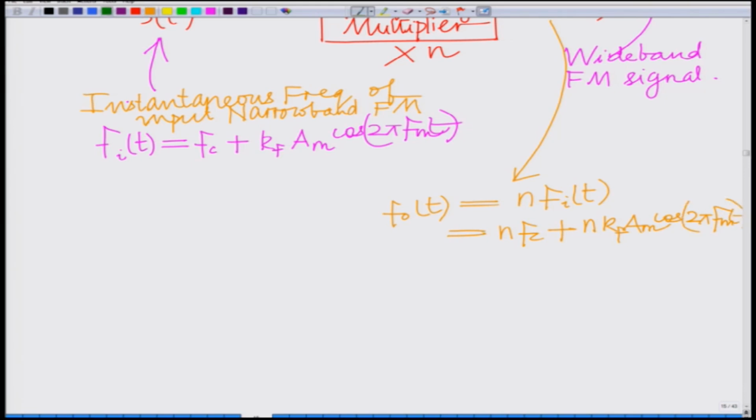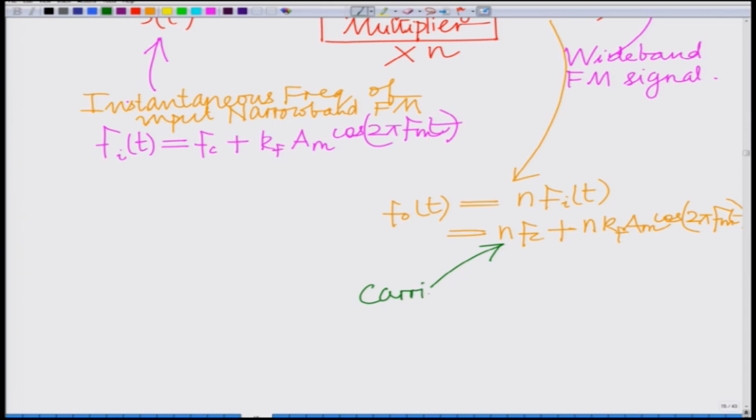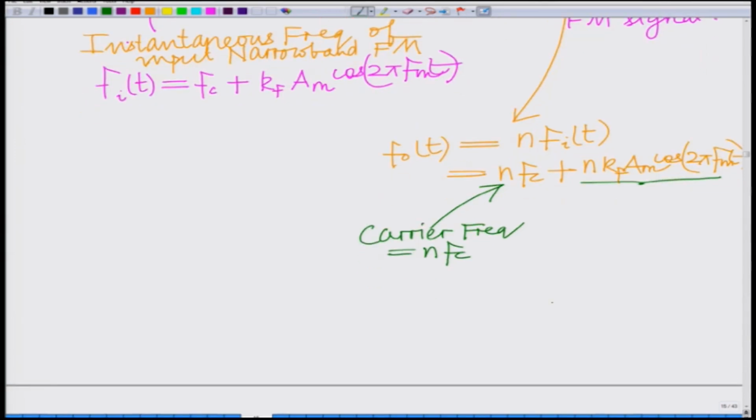This is the output frequency, and now you can see the carrier frequency of the output signal, the output of the frequency multiplier, is n times fc. So, the resulting carrier frequency equals n times fc.